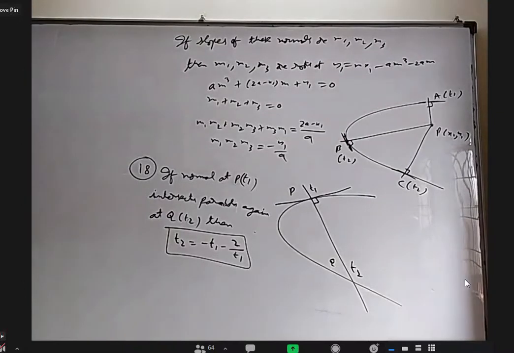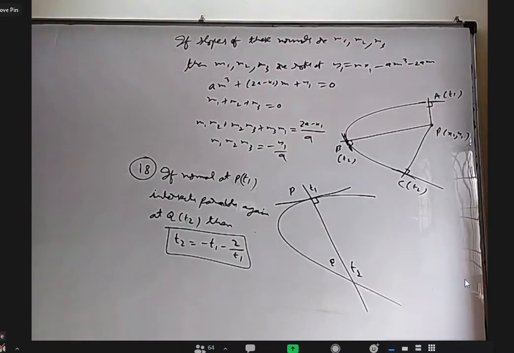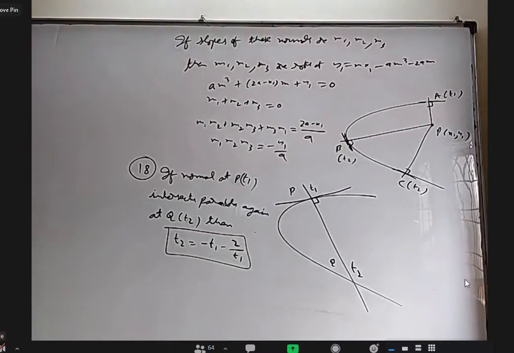Anyone want to give an idea how to derive this? Just give the procedure. We have the equation of normal at T1, which is T1 x plus y equals a T1 cubed plus 2a T1. Yes, correct. And we should substitute the value of y in y squared equals 4ax, so you find the equation of normal at T1 and solve with the parabola. Okay, that's good. Any other method?